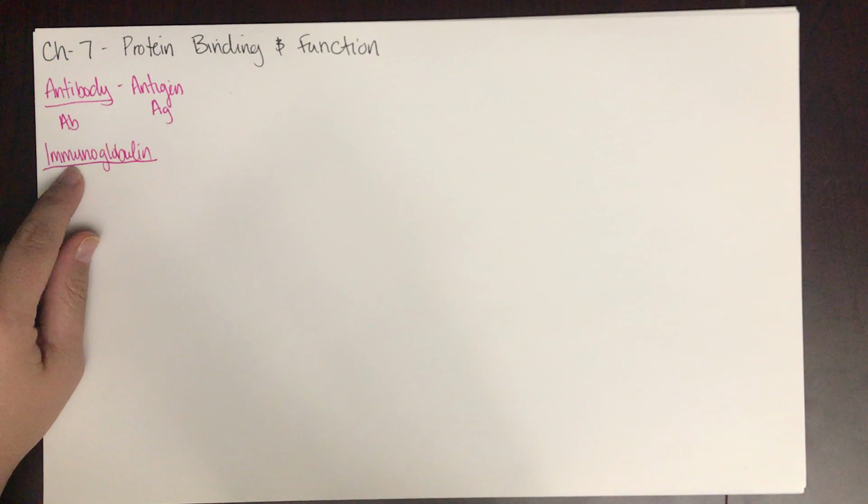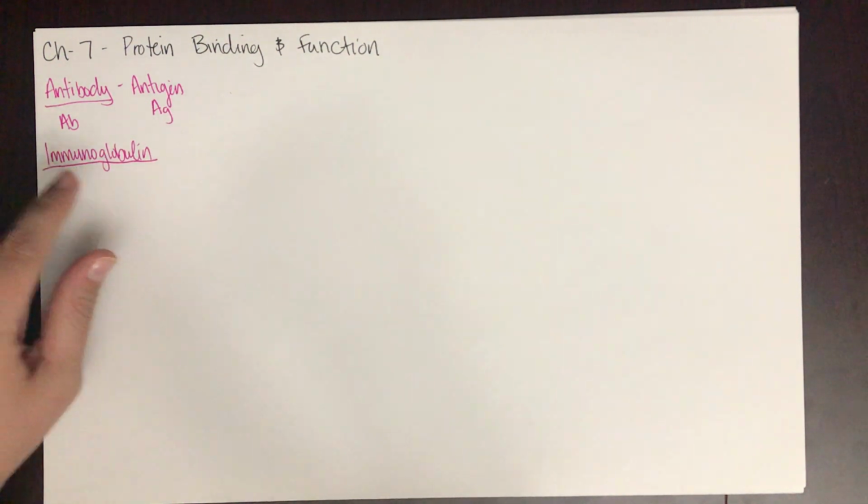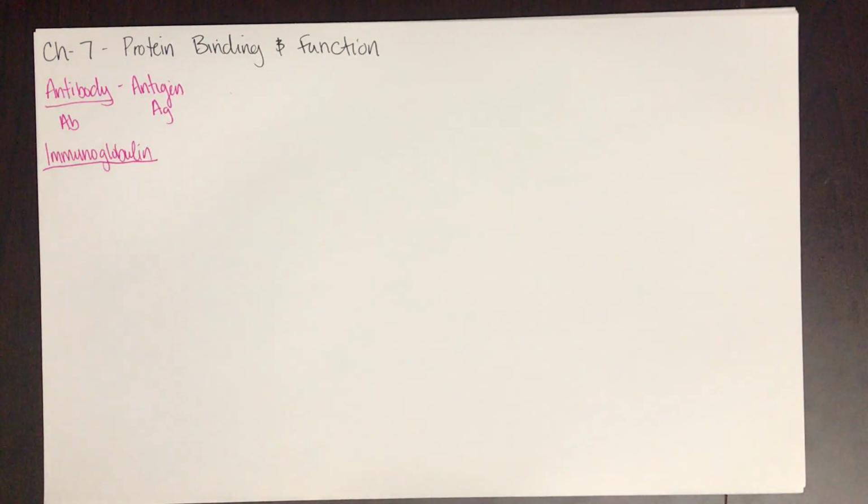Immuno means this is part of our immune system. Globulin means this is a globular protein. So there are 5 classes: IgM, IgG, IgA, IgE, and IgD. And they all serve different purposes in our immune system.